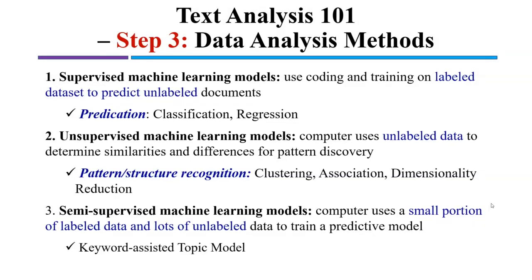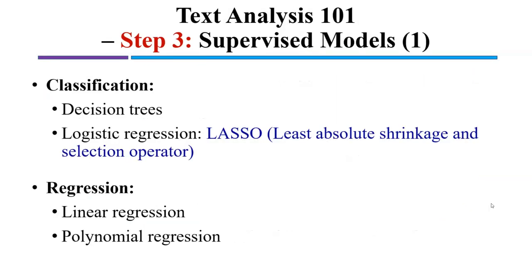There's another method, semi-supervised, where you use a very small portion to train your model but leave a large portion unlabeled. Because I know we have undergraduate students and also master's degree students, I just mention those methods, but because of the time issue, it's impossible for me to go into detail.